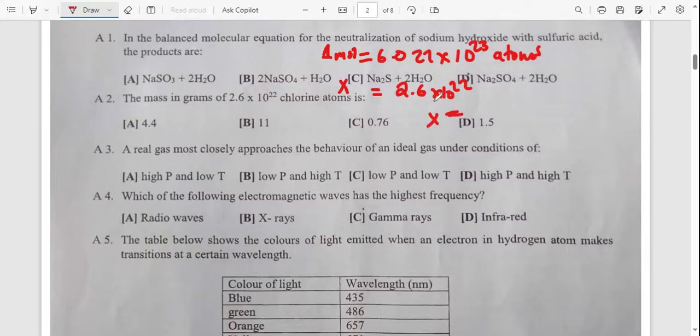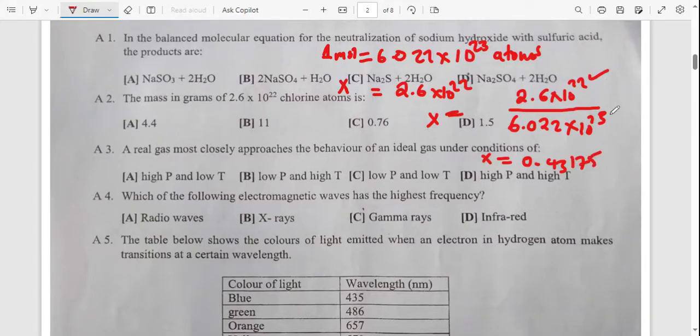So all we do is we're going to cross multiply and find the value of x. So x will give us, I'll multiply 1 by 2.6 times 10 power 22. So that will give us that same number. I'll multiply x with Avogadro's number, and then to remain with x, I'll divide both sides by the same 6.022 times 10 to the power 23. So all I'm going to do to find the number of moles is divide 2.6 by 6.022, and that will give us like 0.43175.